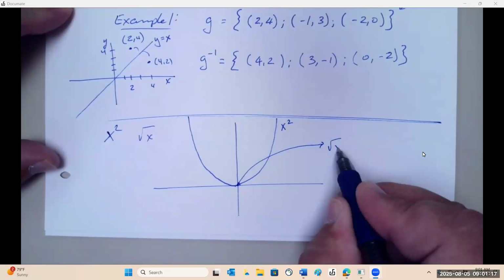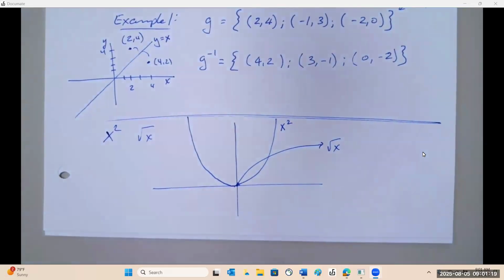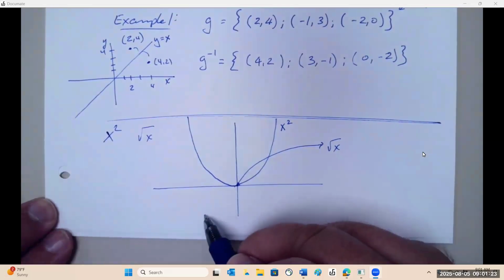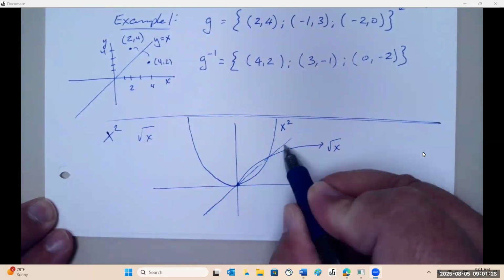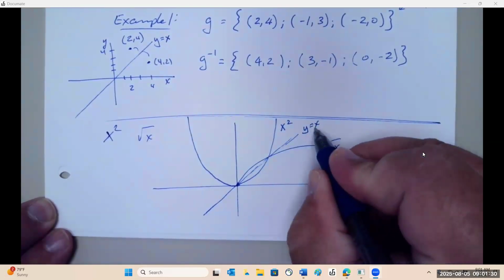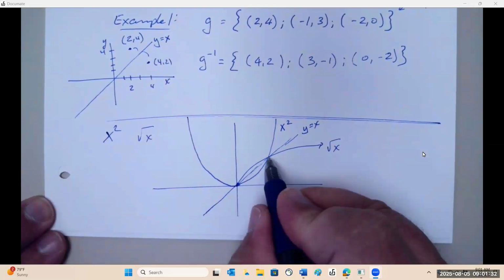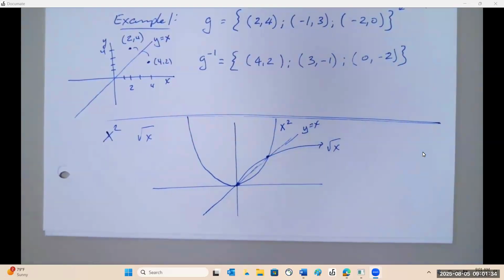This is square root of x. This is the line y equals x. Both of these points are on that line. So it's symmetric about that line. You know, it works the same for the cubic function.